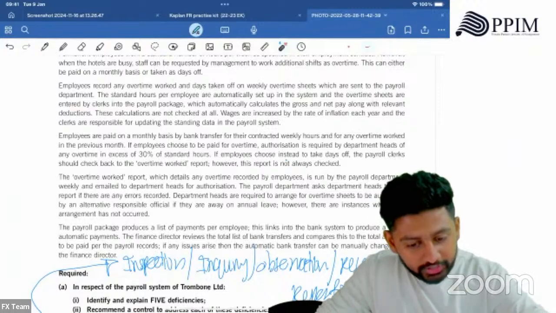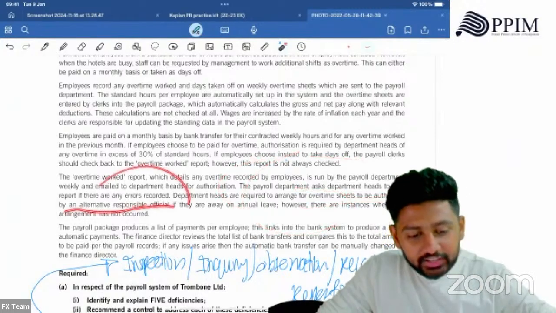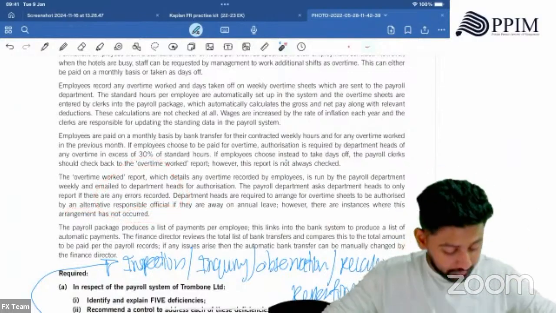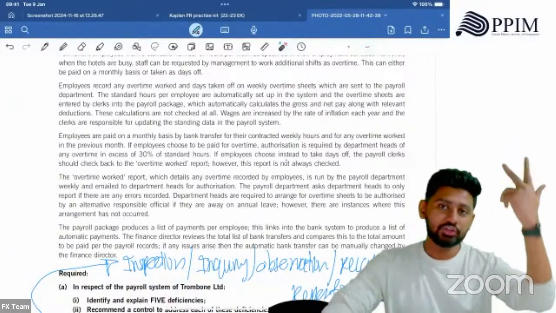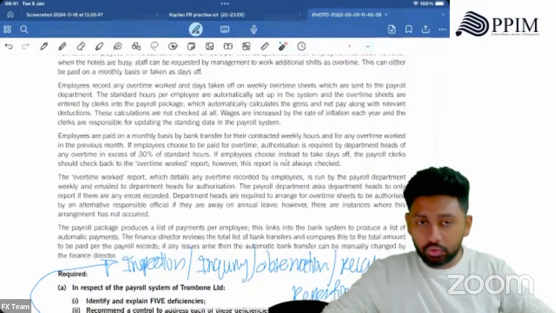Okay, here we already identified it. The payroll department asks the department heads to only report if there are any errors recorded. Now, what if they miss the emails? What if they don't see the emails? So then what will happen? You'll just confirm the OT and the payment will go off.